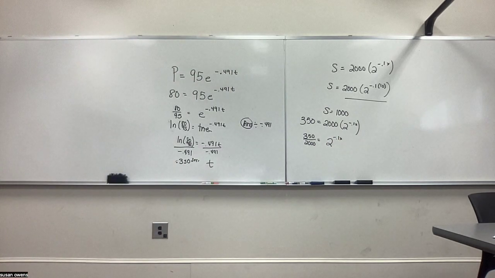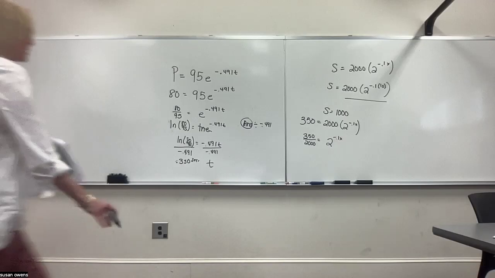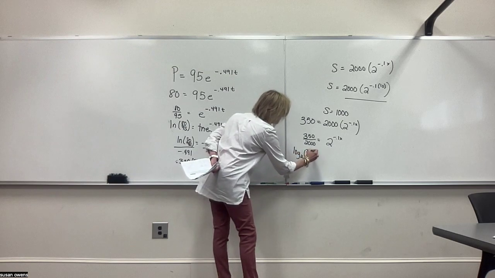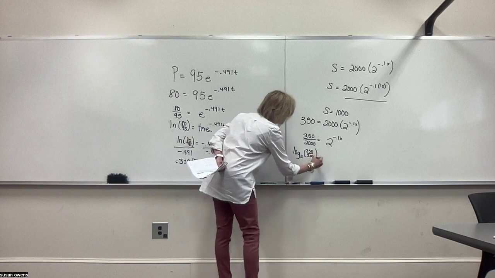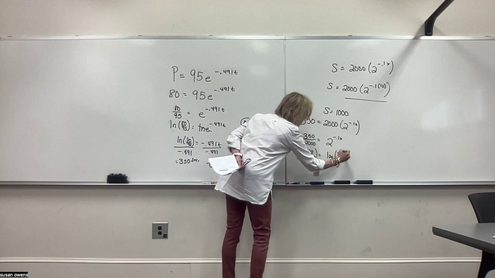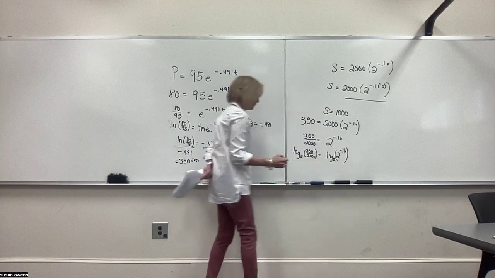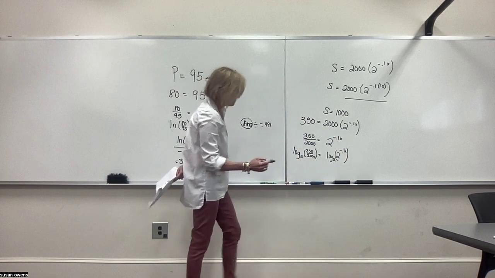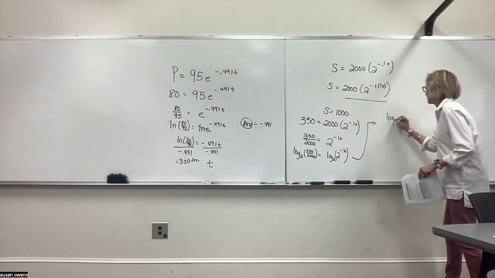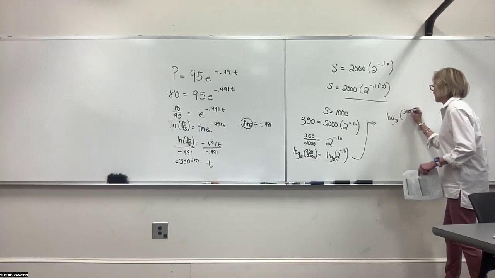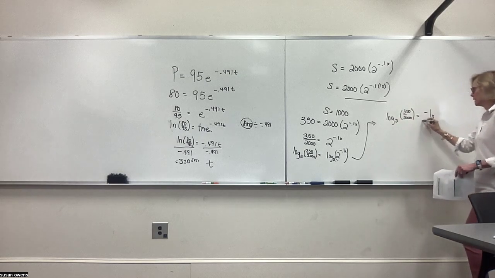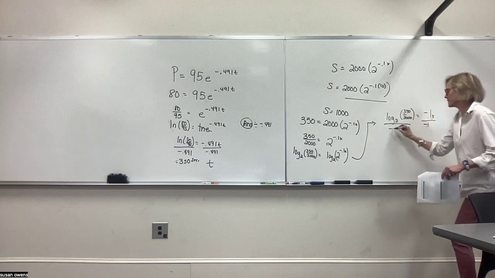You could do natural log. Divide by negative 0.1 on both sides.